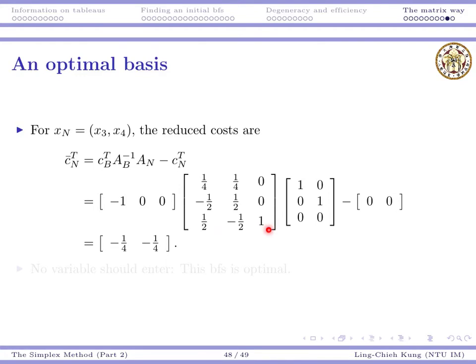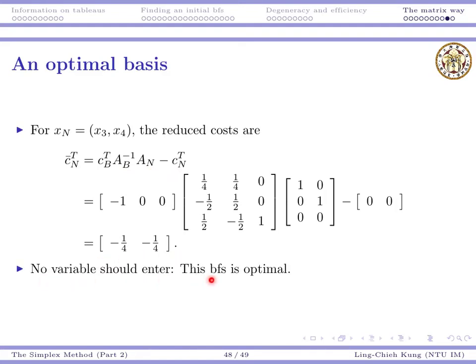Also, this formula looks the same as what we did 2 pages ago, but the numbers are certainly different because B and N are different. When you have a different B, you take different columns in A to get into the matrix AB. You take different components in C to get the vector CB. And for CN, AN it is the same thing. So the formula is the same, but as long as the bases are different, your result would be different.